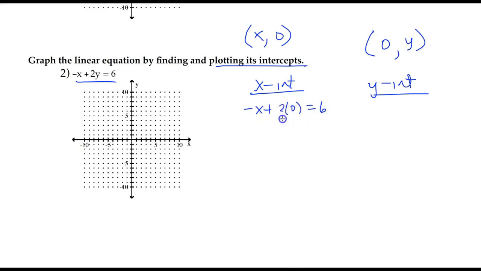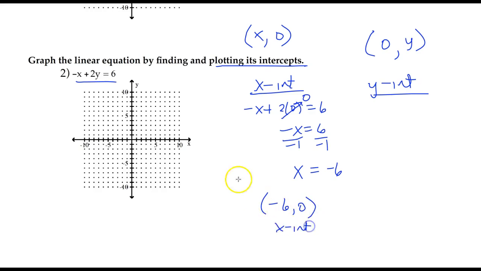And then of course 2 times 0 is just 0, and negative x plus 0 is just minus x. And so from here we can divide both sides by -1 to get x by itself, and we see that x is -6. So when y is 0, x is -6. So that would be my x-intercept point on my graph. So that would be right here if I was to plot.